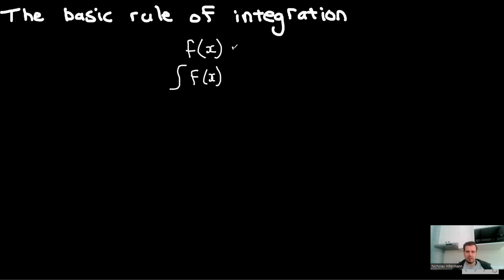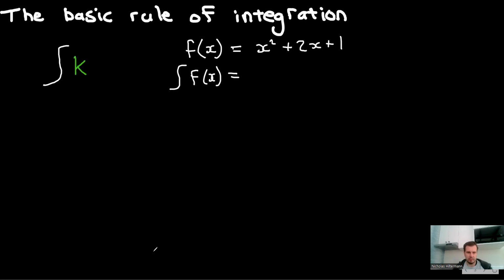So let's say your f of x is equal to, say, x squared plus 2x plus 1. What you need to do is add 1 to the exponent. So let's say that I have something like x to the n. Actually, we'll make it k x to the n, because there can always be a number in front.